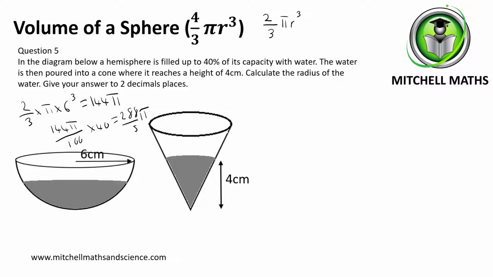Right, so we've got the volume of water in the hemisphere, which we're going to pour into the cone. And once we pour the water into the cone, we know it reaches a height of 4 centimetres. What I'm going to do is use the formula of a cone in order to find out the radius of the water at the top.